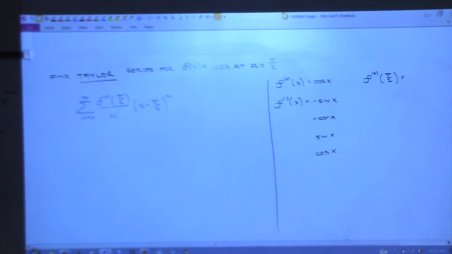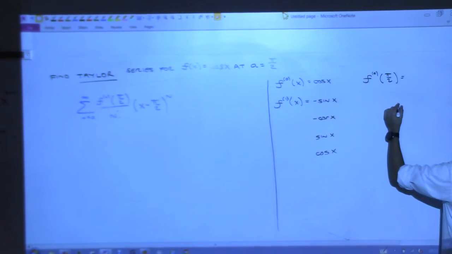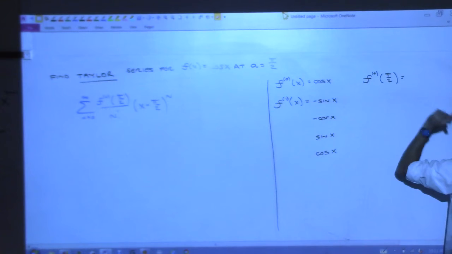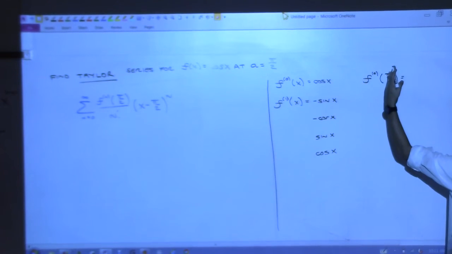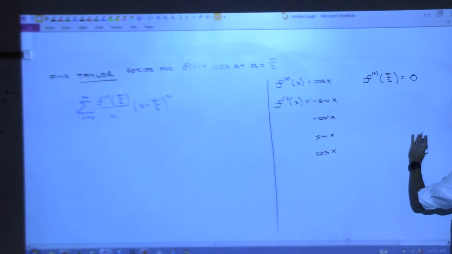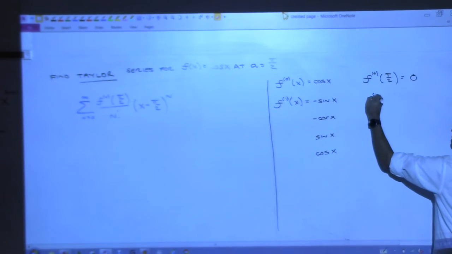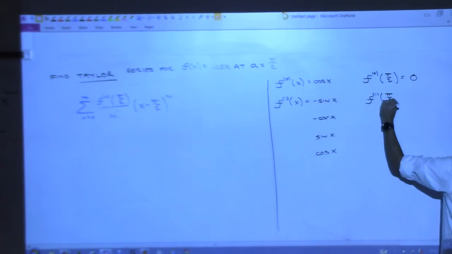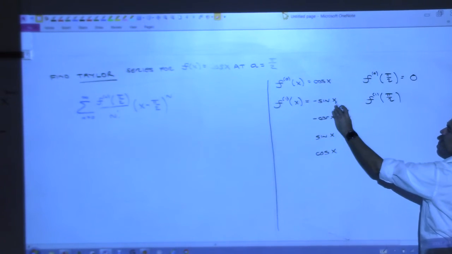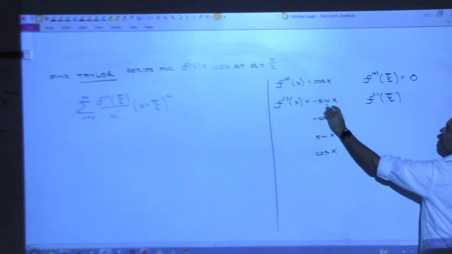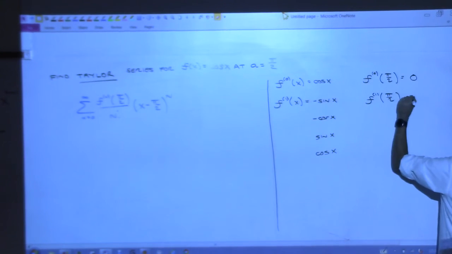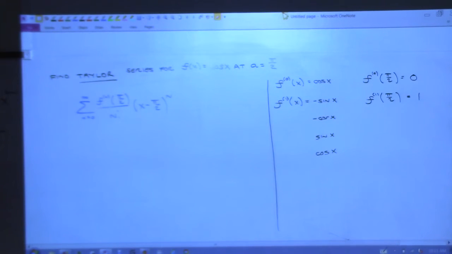Cosine of pi over 2? What is that? Pi over 2 is straight up. Cosine is the x-coordinate. 0. What is the first derivative at pi over 2? So what is sine of pi over 2? It's 1 and then negative, right? So negative 1. And then we're going to get 0 again.